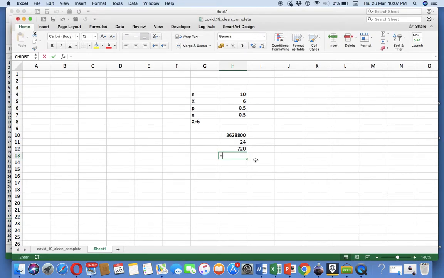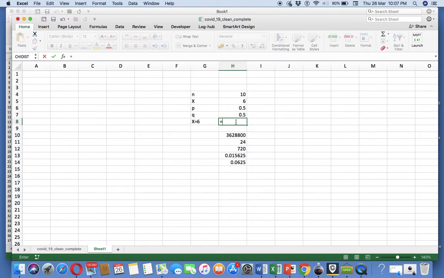So p raised to the power of x, into q raised to the power of n minus x. Close the bracket. Now we are ready to calculate the probability.